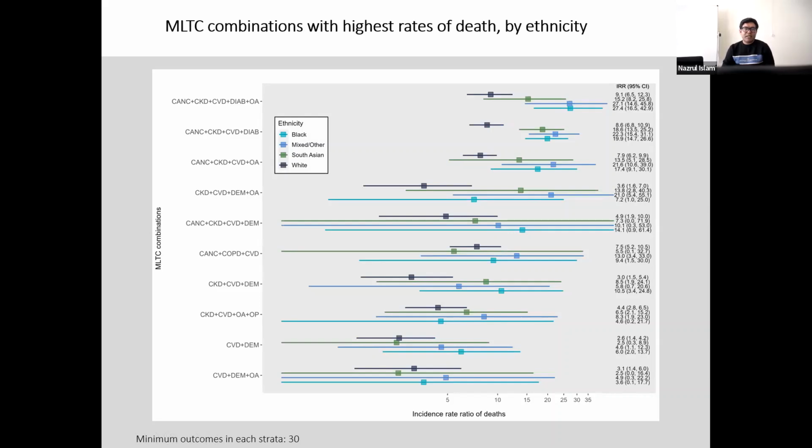The mortality incidence rate ratio was lower for white ethnic groups but significantly higher in Black and South Asian groups, but that was not consistent again. For certain conditions, the confidence intervals were overlapping, so not a big difference. However, the confidence intervals are quite large in certain cases as well.